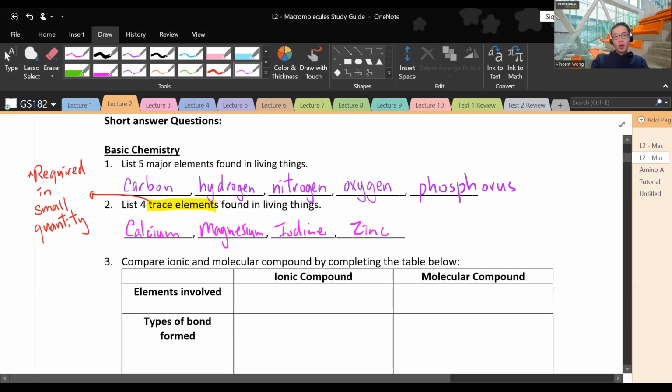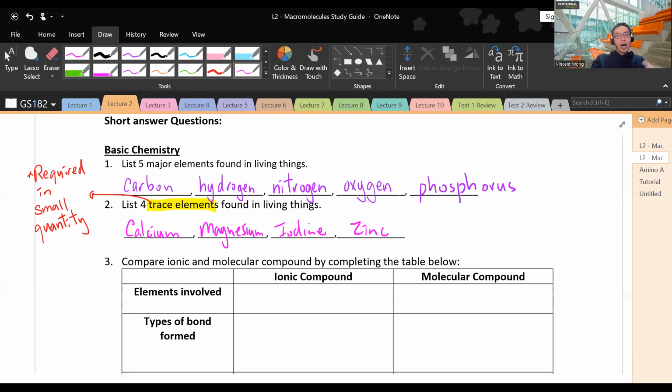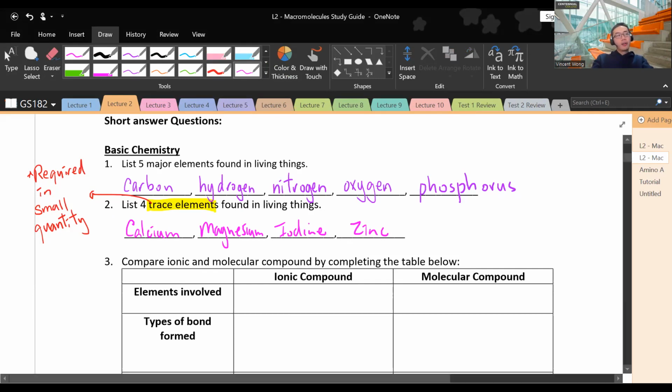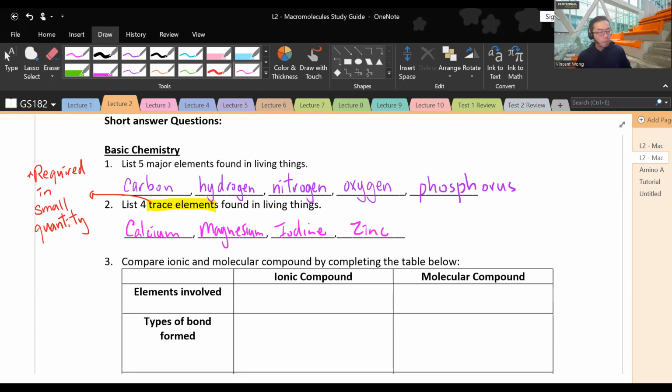Okay, you probably know some other ones like iron. Okay, you need iron for transporting oxygen. If you're low in iron, you might get anemia, right? Calcium is important not only for bones, but we also need calcium for muscle contraction, for communication between neurons.